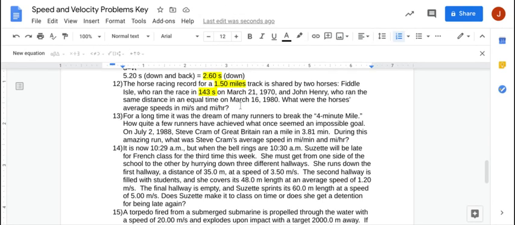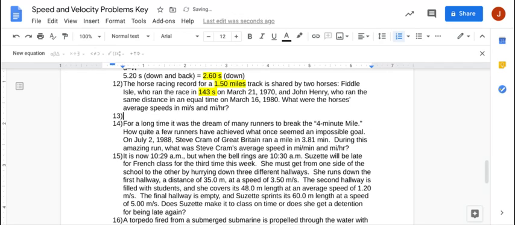What were the horse's average speeds? So speed, again, is velocity. So it is V equals D over T. And you'll plug in your numbers. So distance, 1.50 miles over 143 seconds.